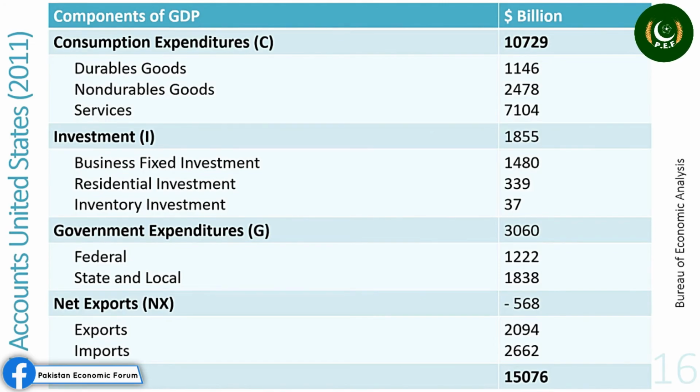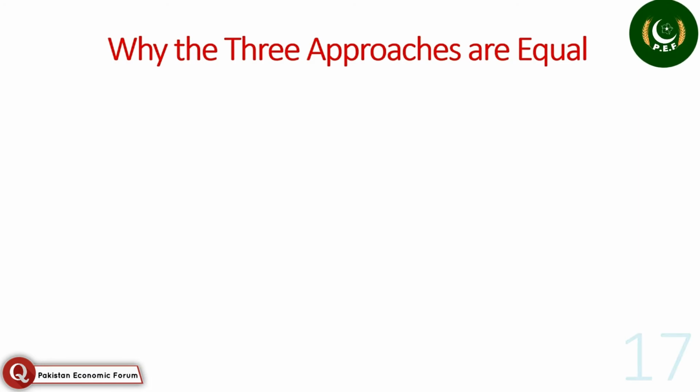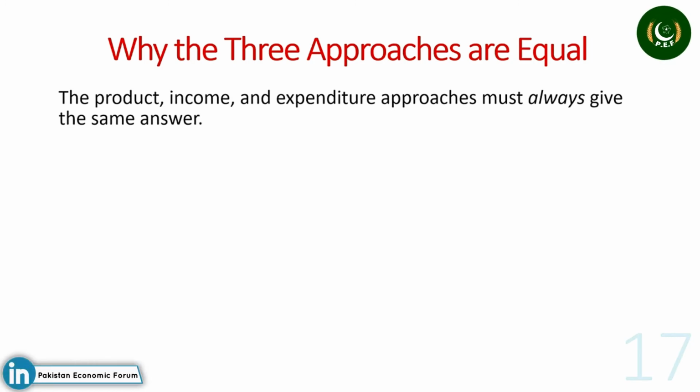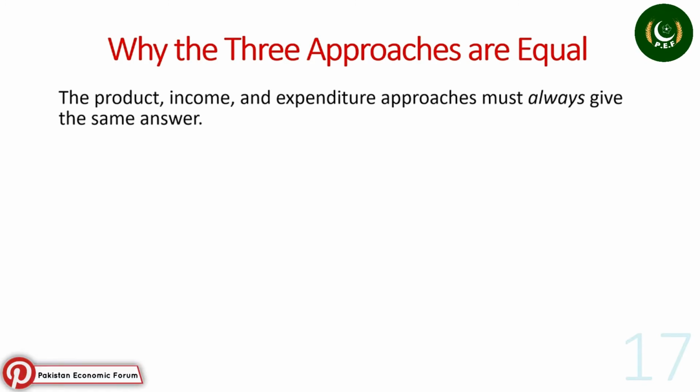Students, we can measure the GDP of our country through any of these three methods. All these three methods, that is the product, the income, and the expenditure approaches, give the same answer, and it is not an accident.